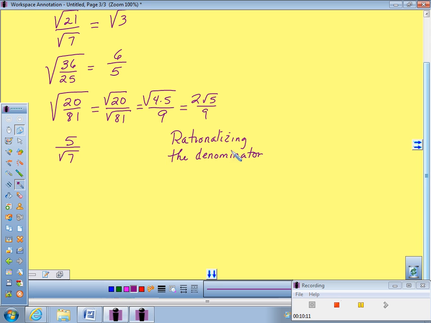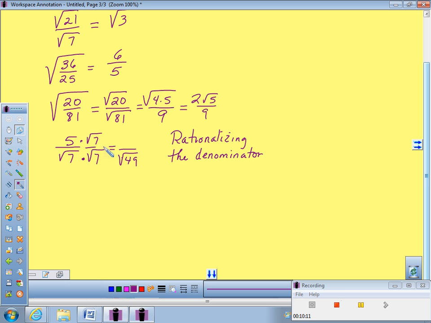So to do that, we simply go, well, okay, they discovered if you take the denominator, the square root of 7, times itself, you'll get the square root of 49. And that will become a number you can break down. But you can't just multiply the denominator times something. We know that with fractions, and when we make common denominators, if you multiply the bottom by the square root of 7, you've got to multiply the top by the square root of 7.